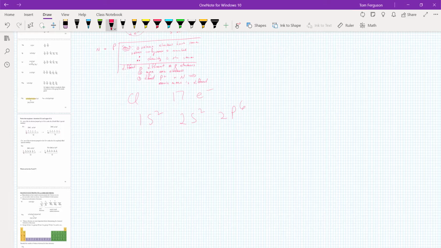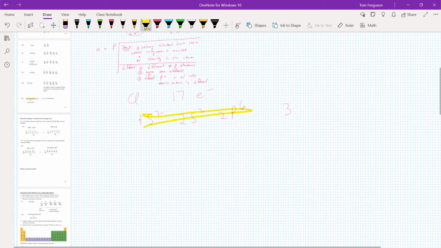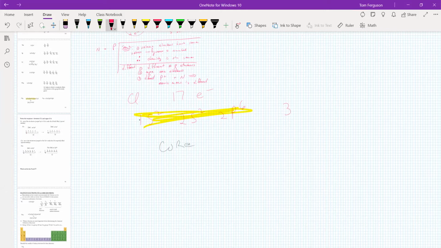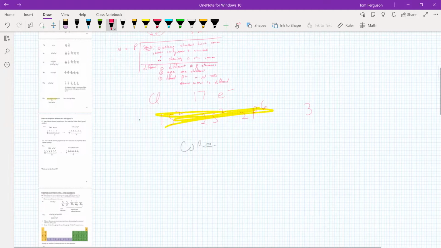And because we're in shell 3, that means those are core.